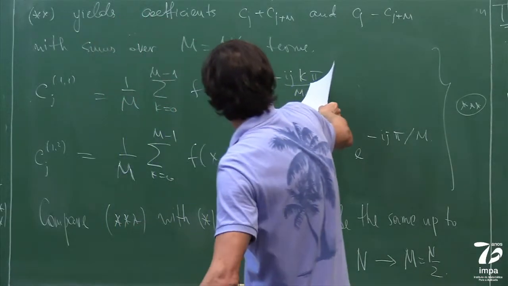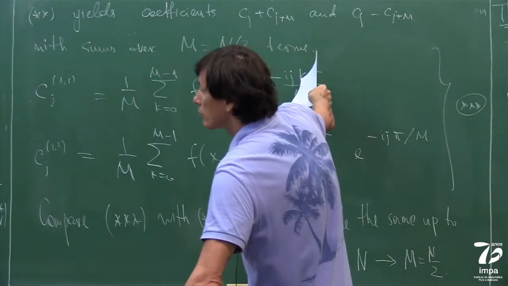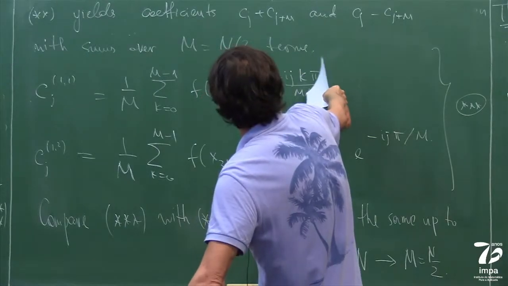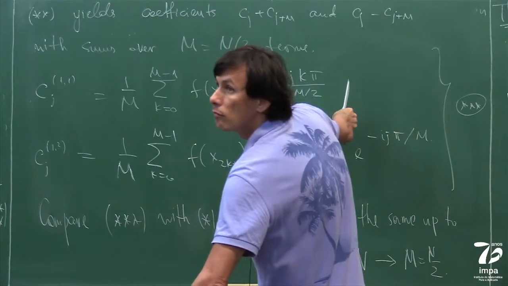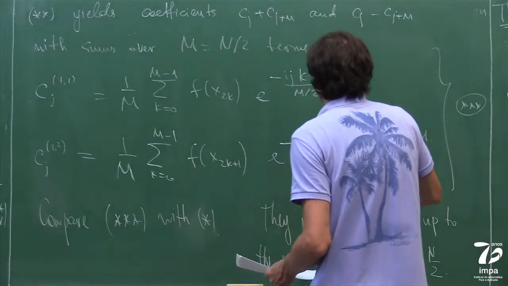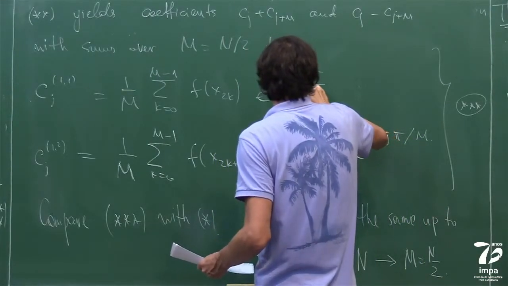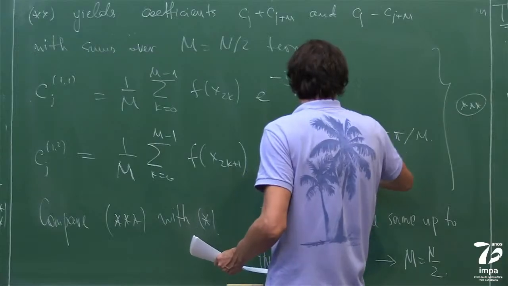And here, xk was 2 pi over n, now it's 2 pi over m. It actually was not necessary to put 2 above it. We can keep it here.